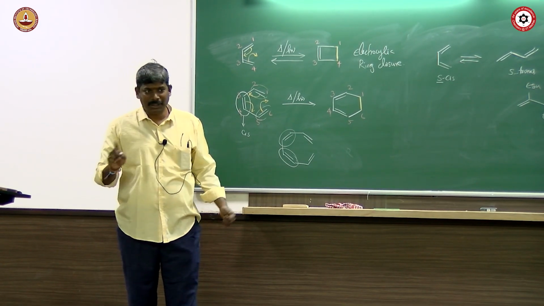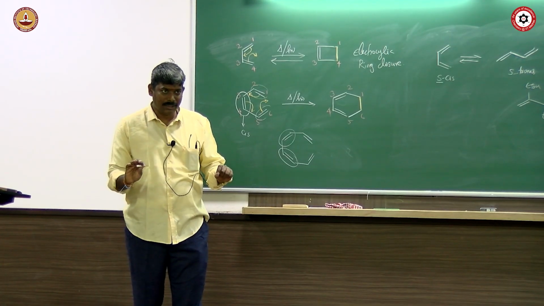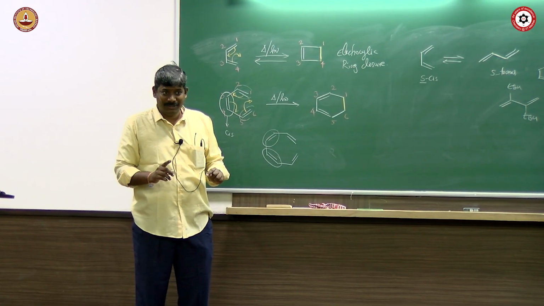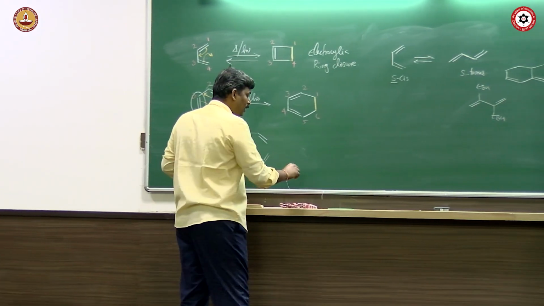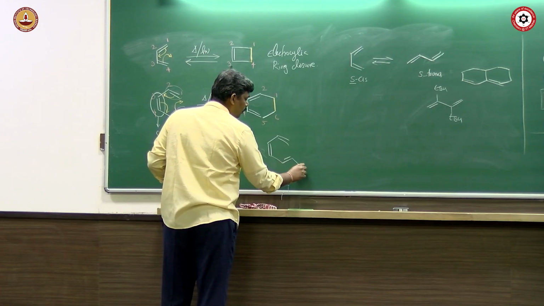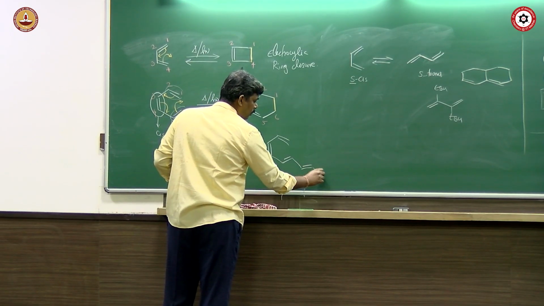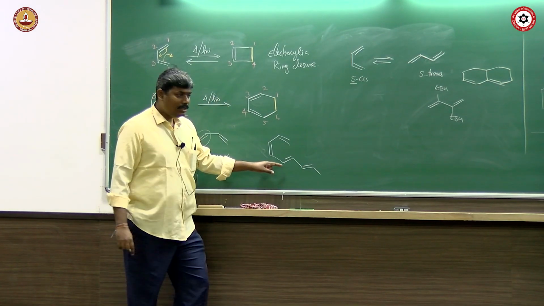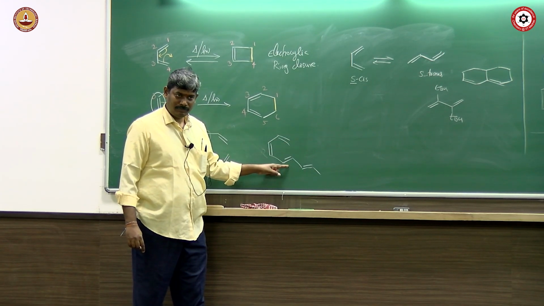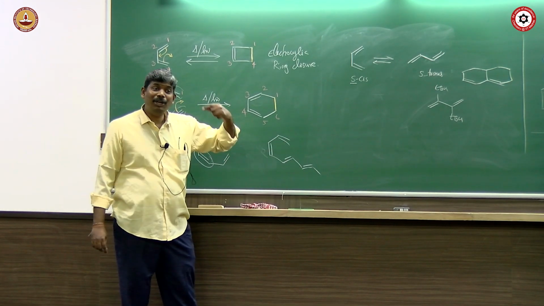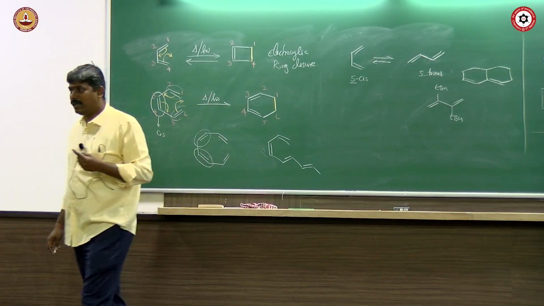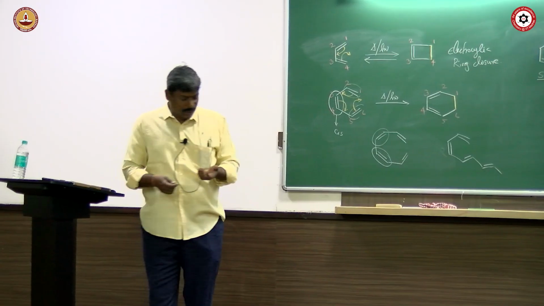If it is not cis, forget about it. There won't be any reaction at the terminal, but there could be some other reactions. If I have a system like this, the trans, these two may not interact, but however I can interact between these two. So you need to think about what the other possibilities are. Alright, so this is about an electrocyclic reaction.